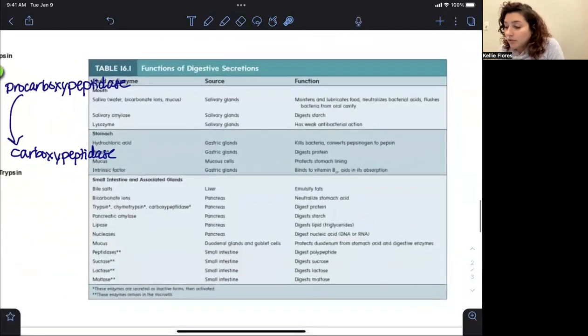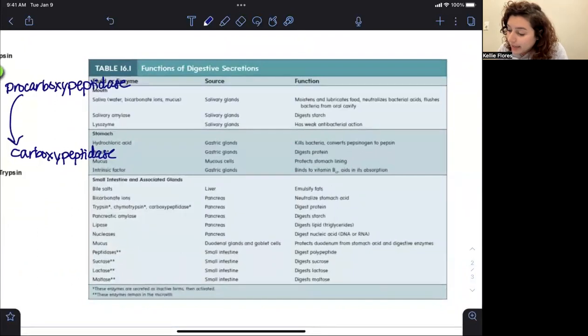Lastly, before I let you go, here is a table of all of the enzymes, where they're made and where they work. So where they're made is here, where they work or what they do is here. Okay. So this will help you get your bearings straight of what we've learned so far.